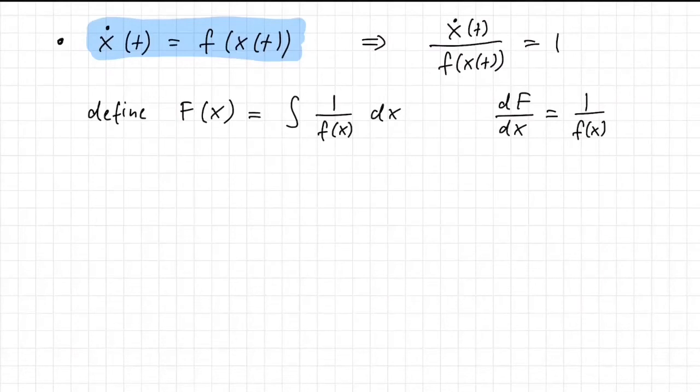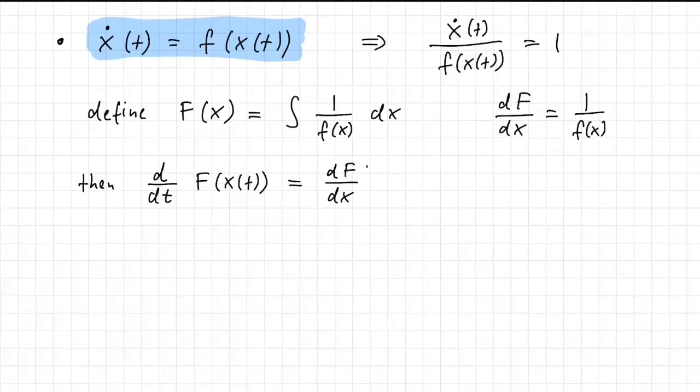And what we actually can now show easily with this definition is that if we take the derivative with respect to t of capital F of x of t, so we have now put the function x of t inside the function F of x, when we take the derivative, we need to apply the chain rule. That gives us dF dx at x of t times x dot of t, which is x dot of t divided by f of x of t, because that's how capital F was defined.